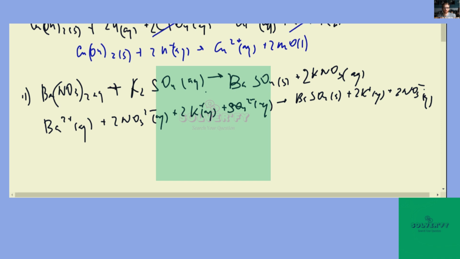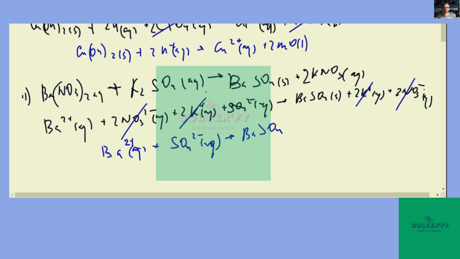Now we can cancel the same species on both sides. So therefore the net ionic equation is a reaction between barium 2 plus ion and sulfate ion, which forms solid barium sulfate.